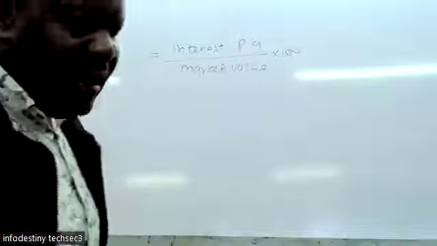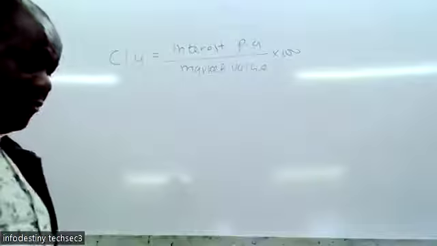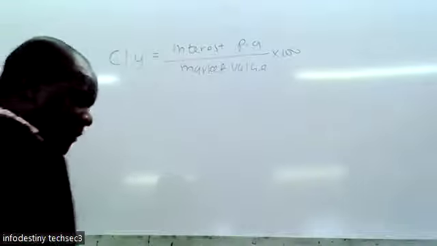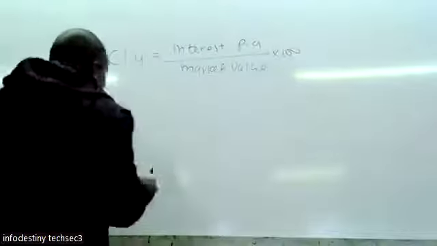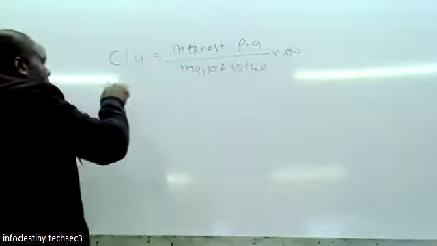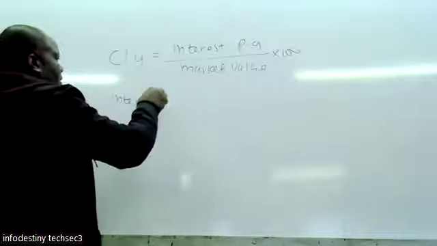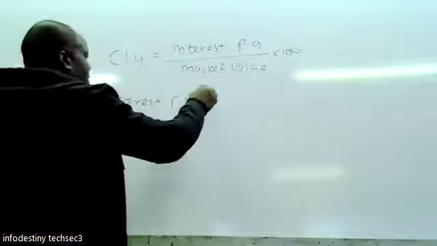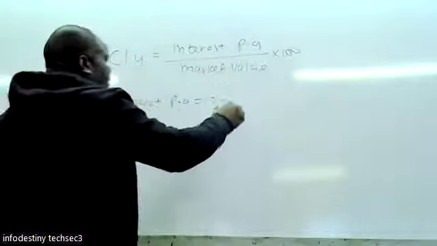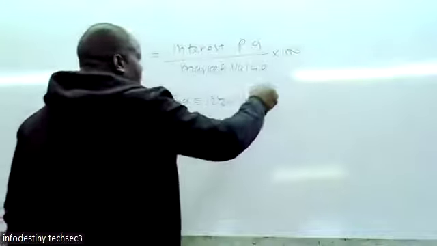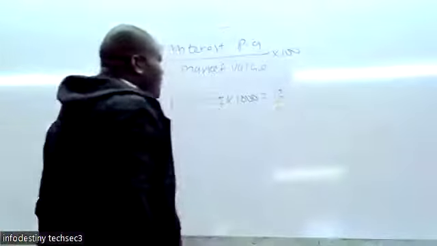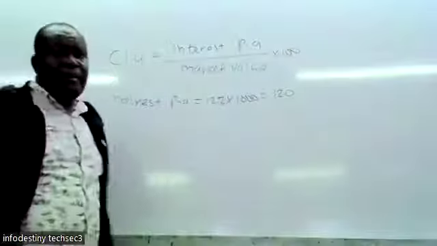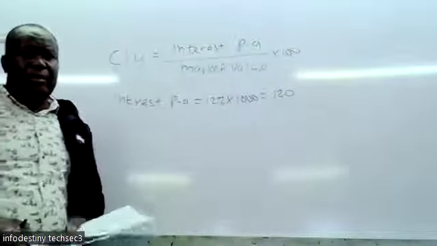So interest per annum, we forget about what the question said, that they paid semi-annually. We simply take 12% of 1,000, which is the same as 120.